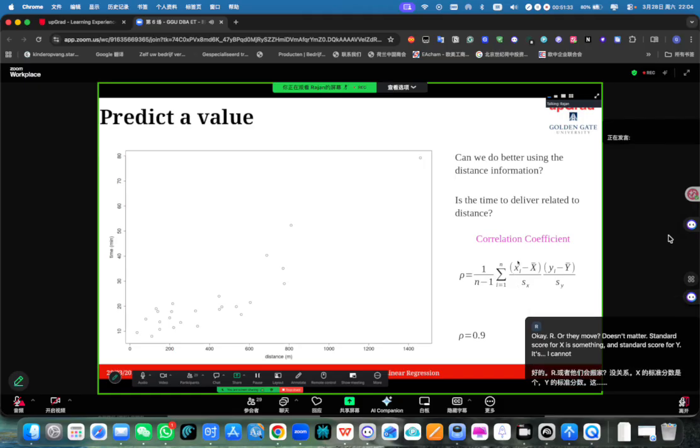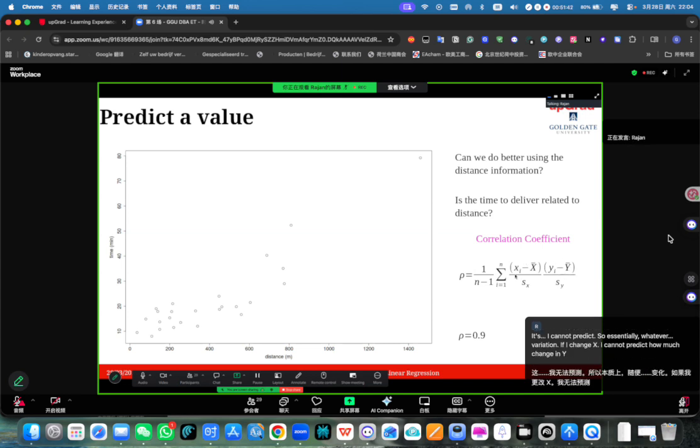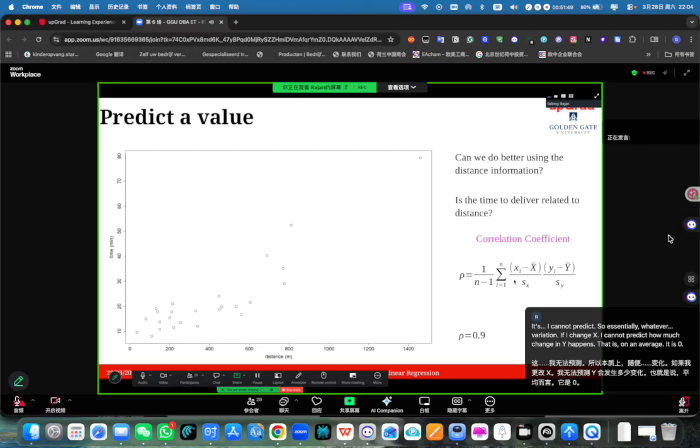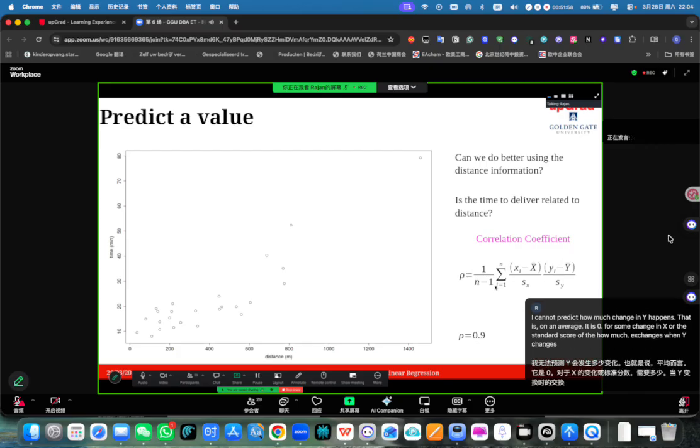So essentially, if I change x, I cannot predict how much change in y happens. That is, on an average, it is 0. These possibilities are there. And that is what this correlation coefficient measures.